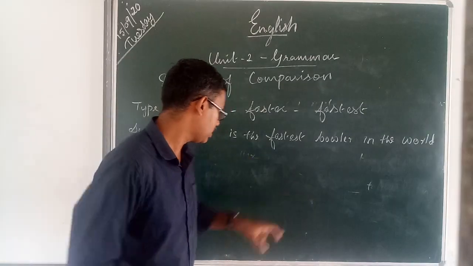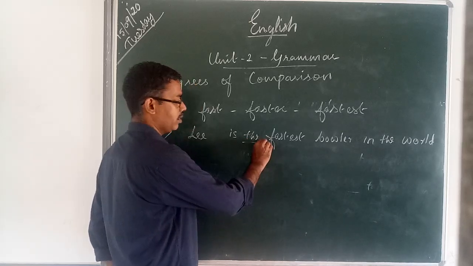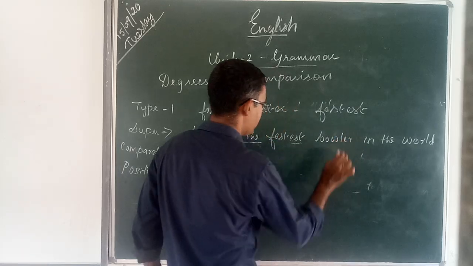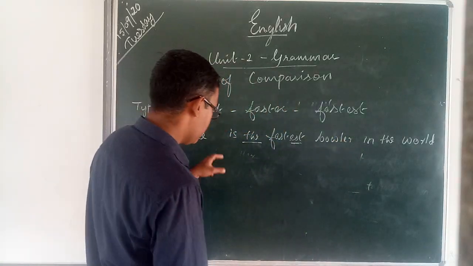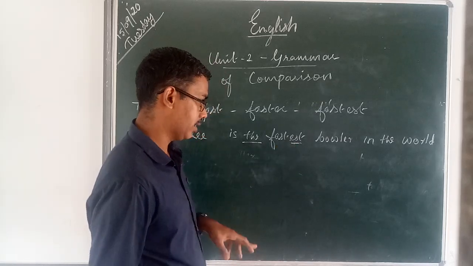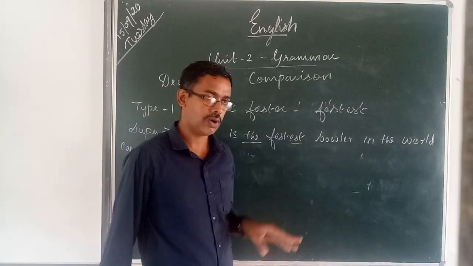Lee is the fastest. I already told you, when you write the superlative degree, "the" should come, then the proper noun, and also the adjective with the "est". Lee is the fastest bowler in the world.